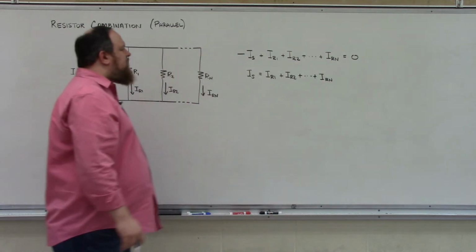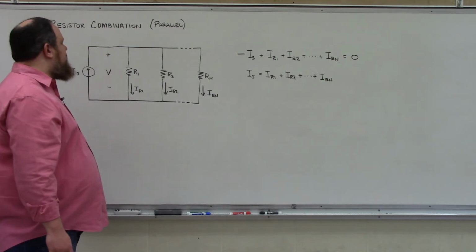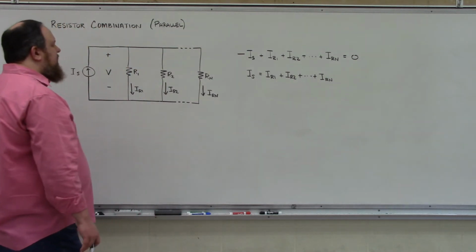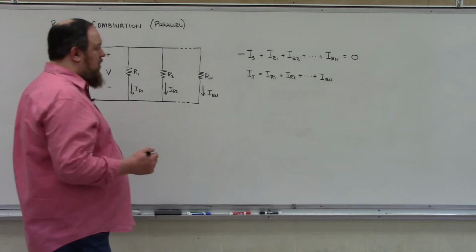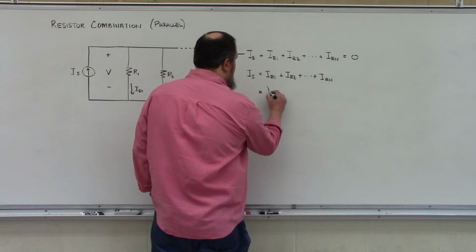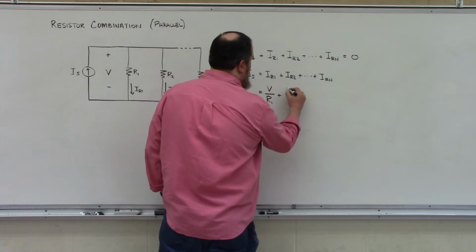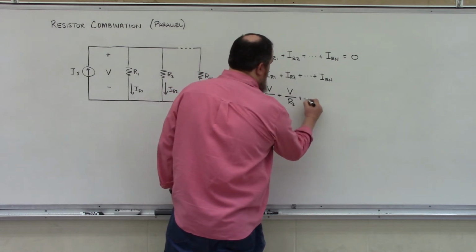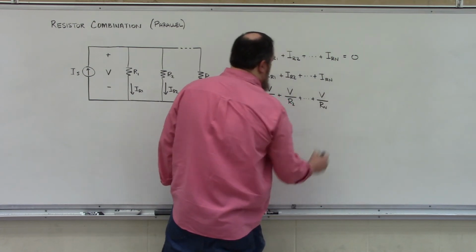And now I can use Ohm's law to express all of those resistor currents in terms of the common voltage V. So using Ohm's law, V is equal to IR, I can say that I is equal to V over R, and from that I get V divided by R1 plus V divided by R2 plus V divided by Rn.